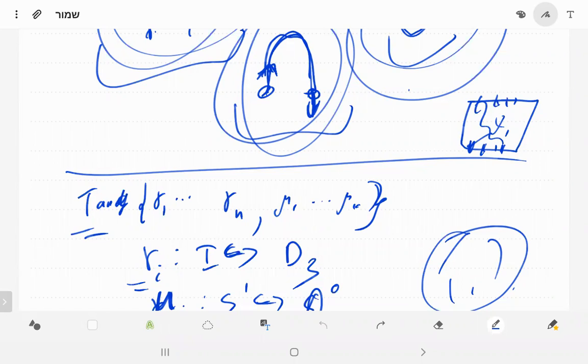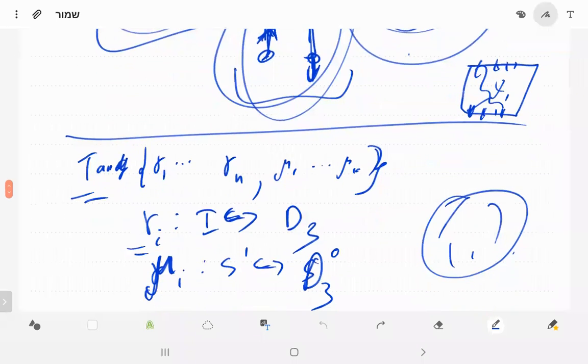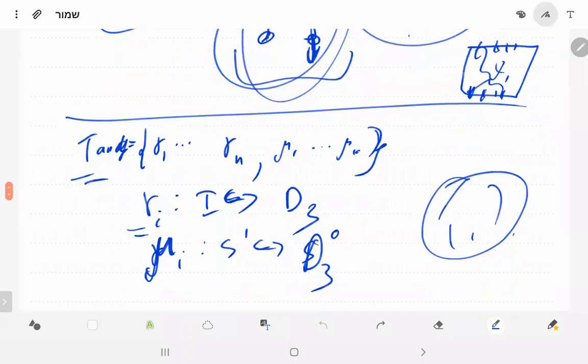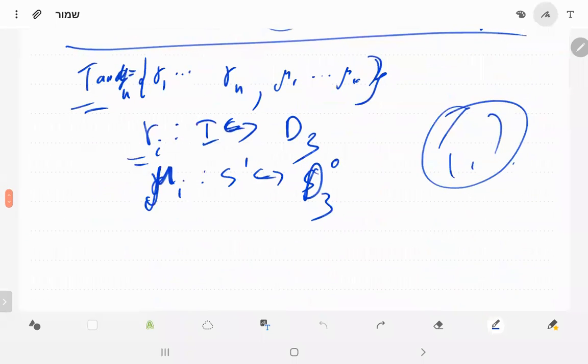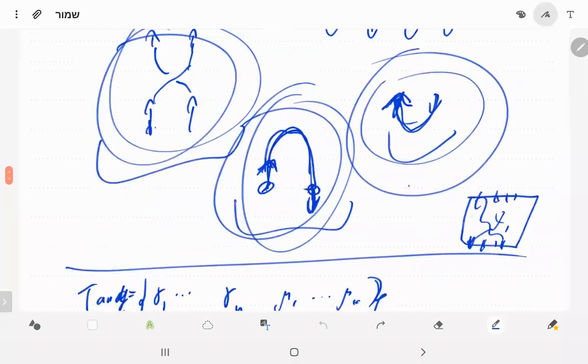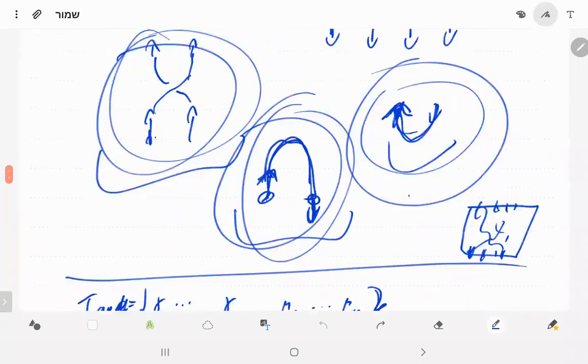But there are many more tangles than braids. Any link also gives you a tangle without beginning and without end. So these are tangles with n endpoints.